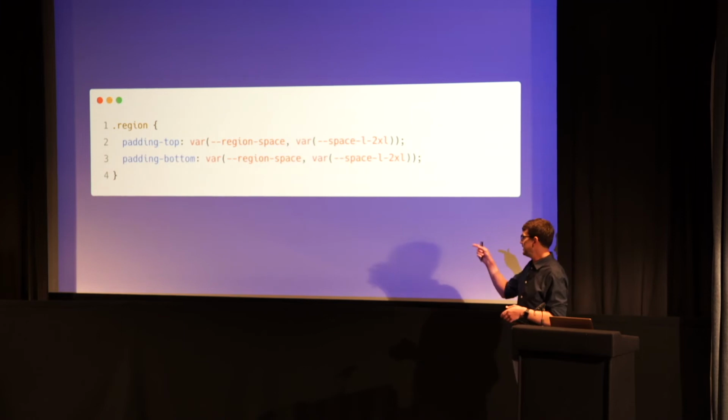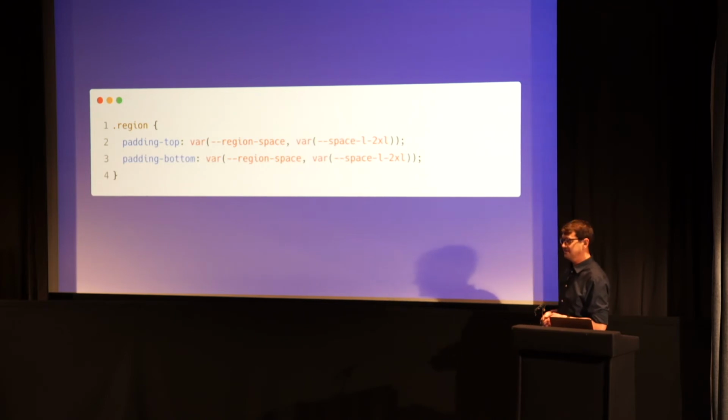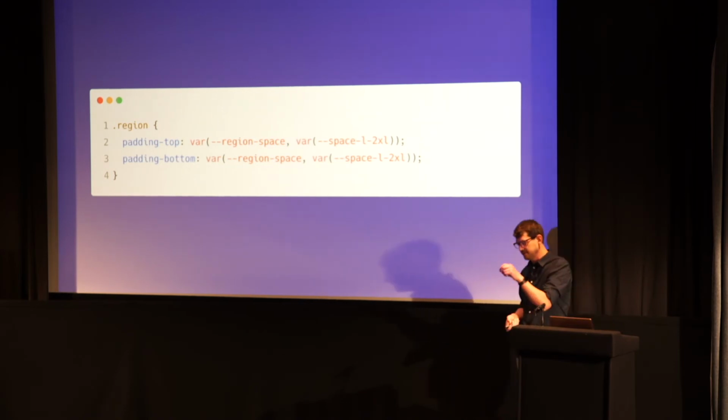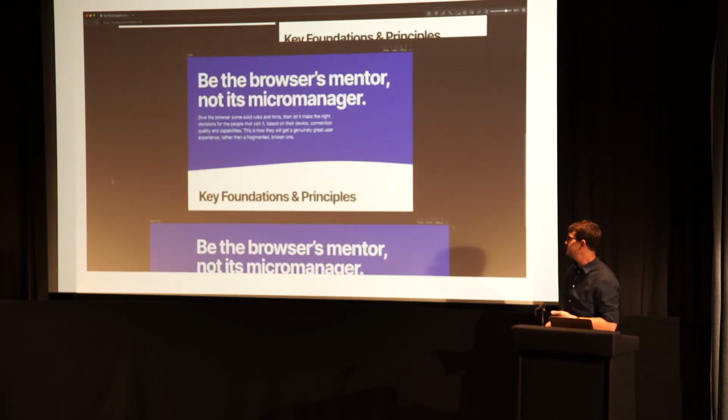And then the important part is you can pass a variable as your fallback as well. So I'm passing one of my spacing scale variables in there, and that was that spacing pair that I was talking about earlier. So just by having that utility, I can drop that on all the regions of content, and then you get that natural spacing between them. And you get the spacing that's responsive to the viewport too.